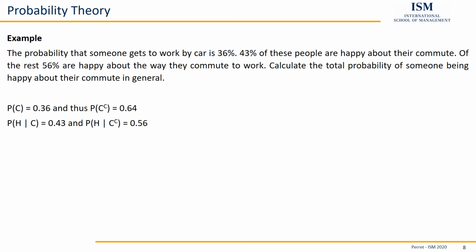So that's basically the probability of being happy under the condition I'm going by car. Well, if I have this, I also have the other information that if I do not go by car, I have a probability of 56%, so of 0.56, of being happy. So the probability of being happy under the condition I'm not using the car is 0.56.